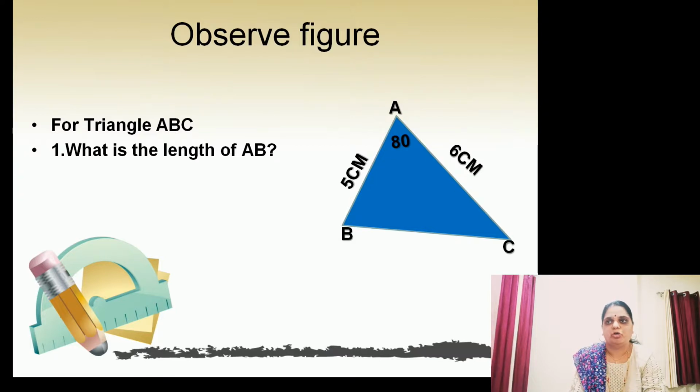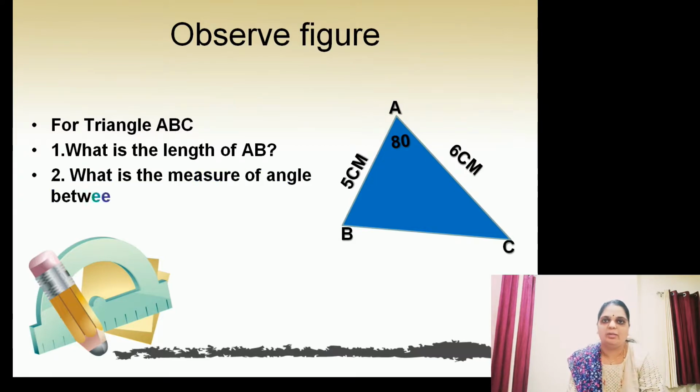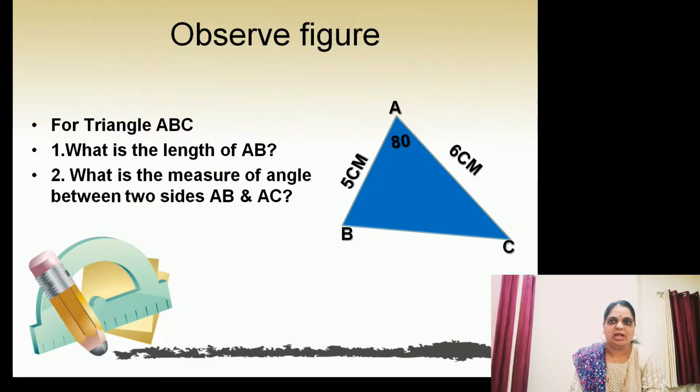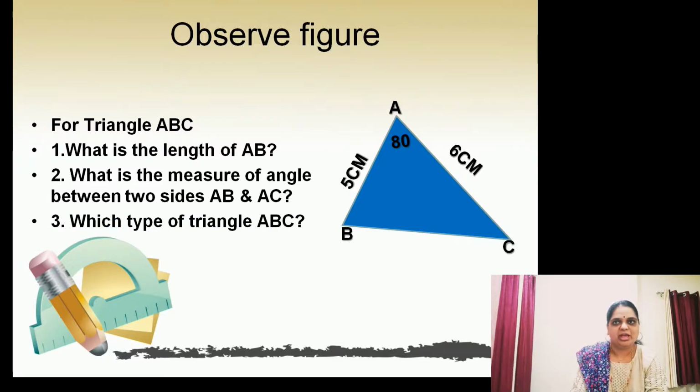What is the measure of the angle between the two sides AB and AC? It is angle BAC, and the measure of angle BAC is 80 degrees. Which type of triangle is ABC? We see that triangle ABC is an acute angle triangle.